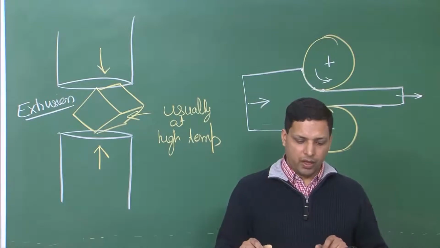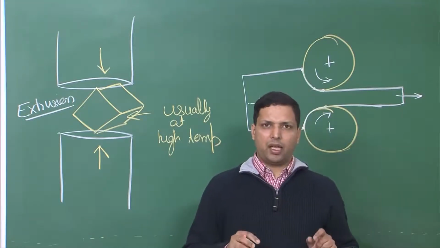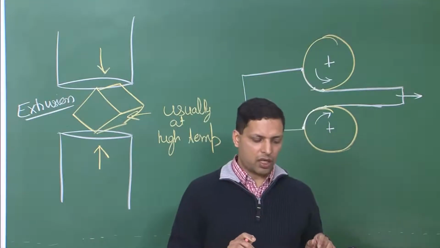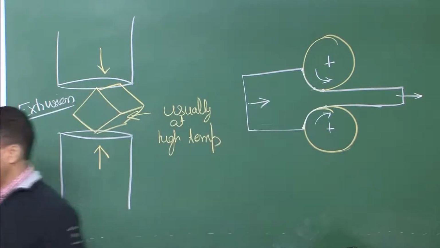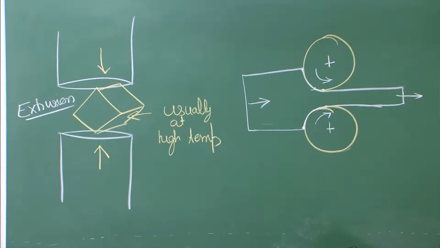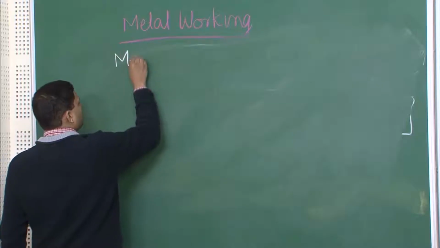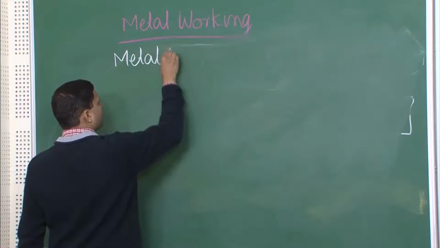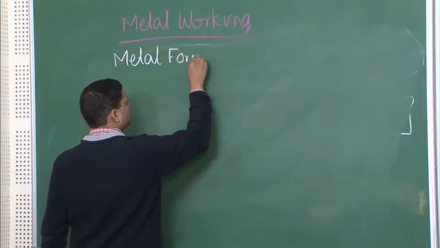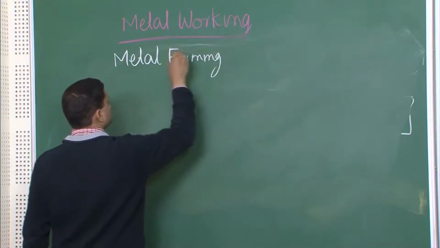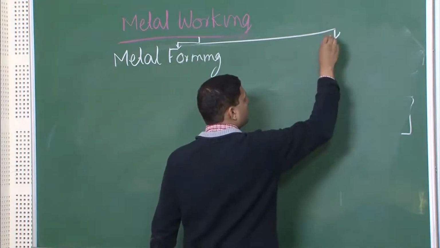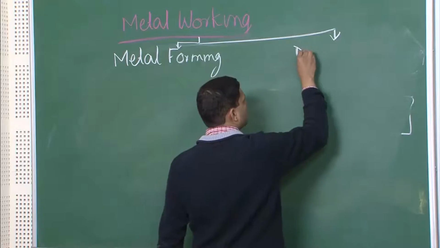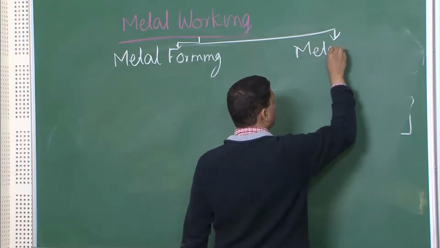Now, before we move ahead, it is important that we describe some classification for metal working. Metal working can be described in two main groups. One is metal forming, and the other is metal cutting or metal removal.